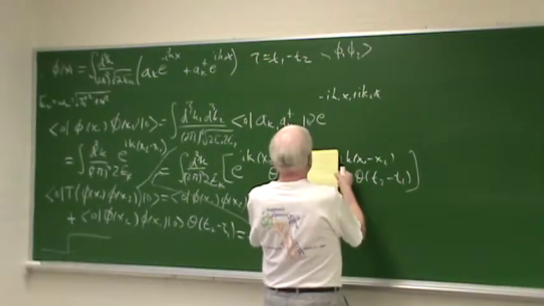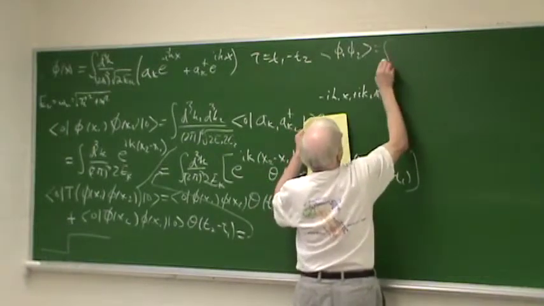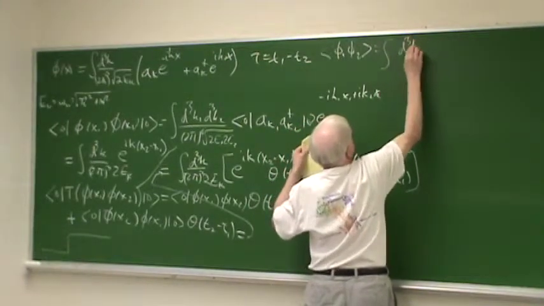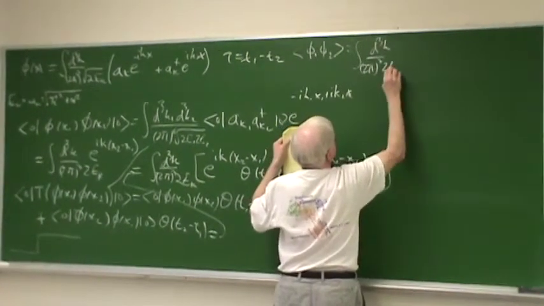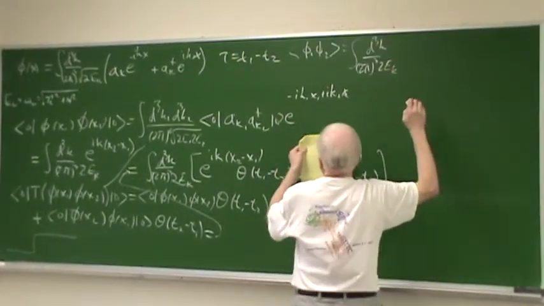And then in three-dimensional notation, it's d cubed k over (2 pi) cubed 2e k.